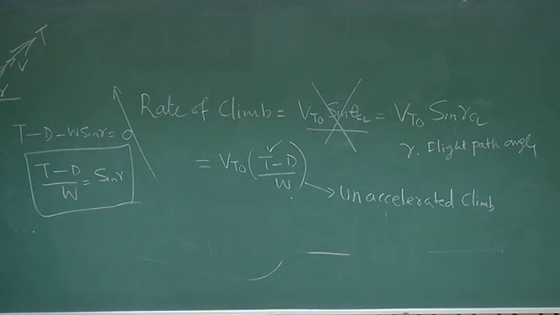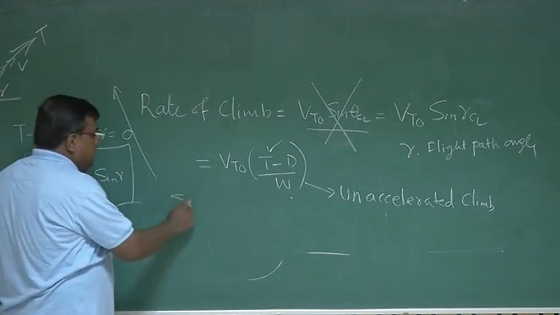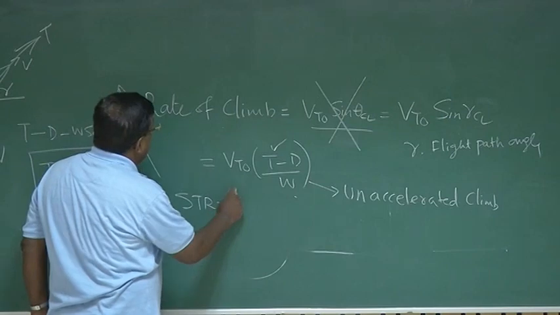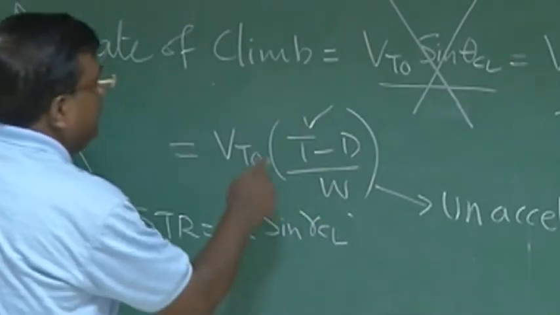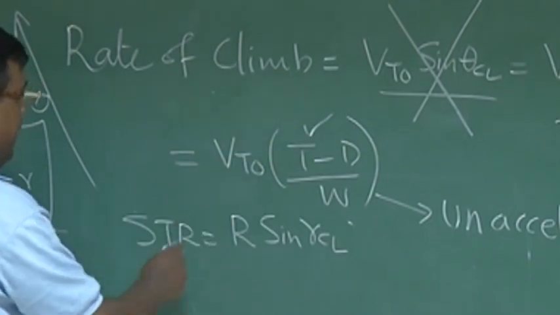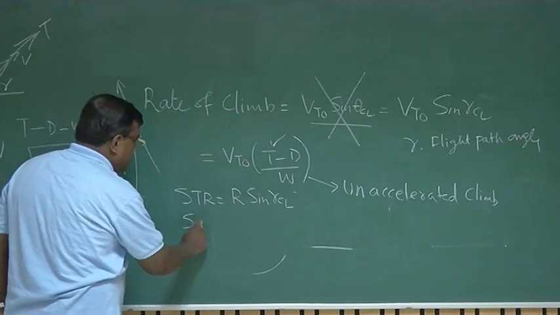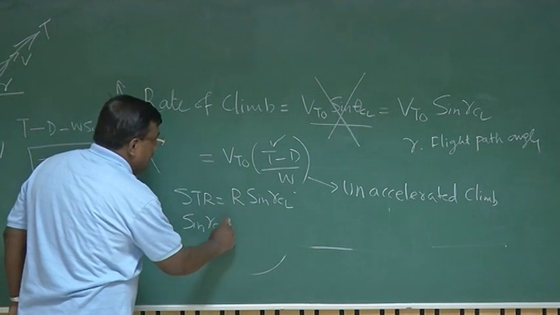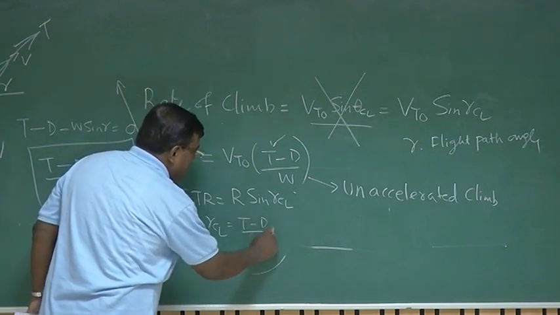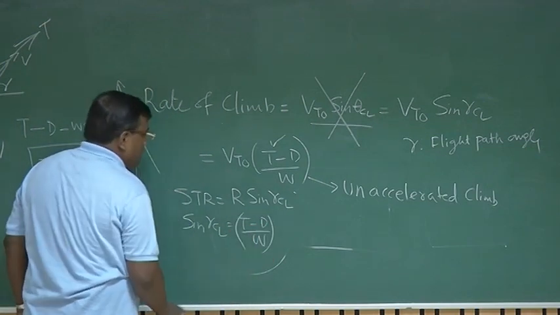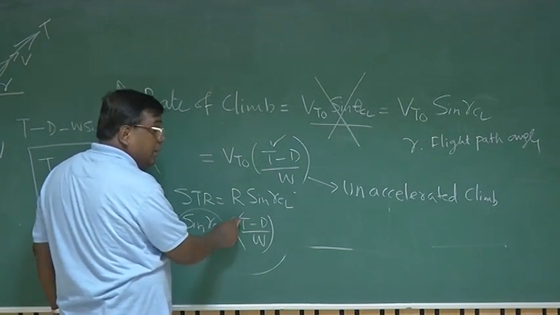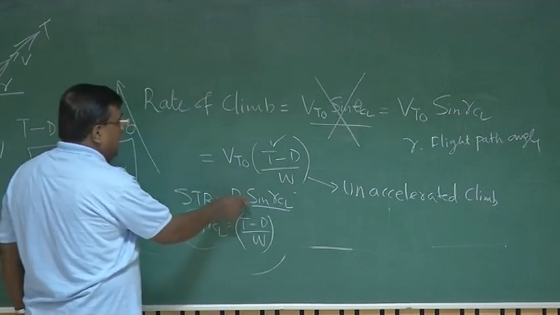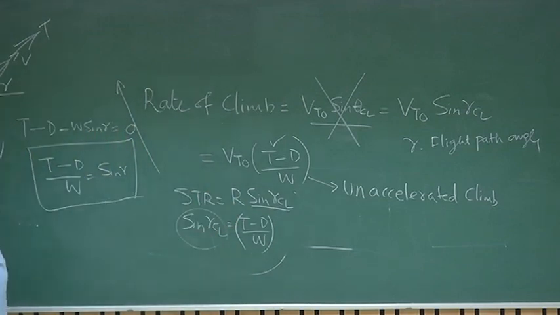Our aim is to find out STR, and STR is nothing but R sine gamma CL. From the previous expression, sine gamma CL is equal to T minus D by W. So I put the sine gamma CL value computed from here in this expression. R I have already found out, so I can find out STR.